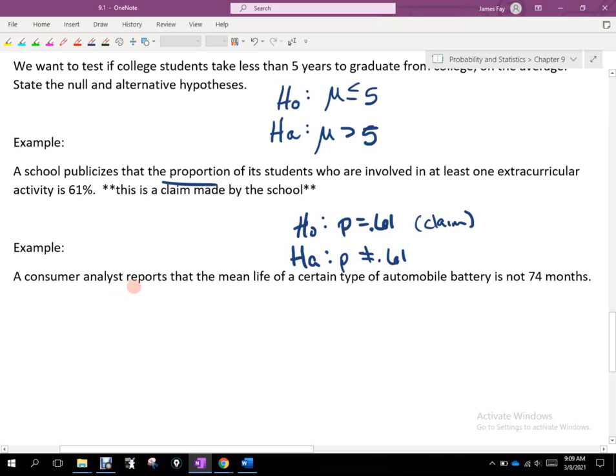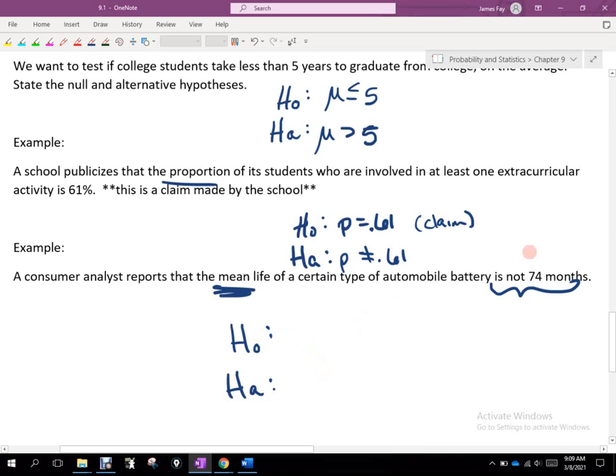A consumer analysis reports that the mean life of a certain type of automobile battery is not 74 months. So here's the thing. H sub 0 and H sub A, which one of those should deal with equality?